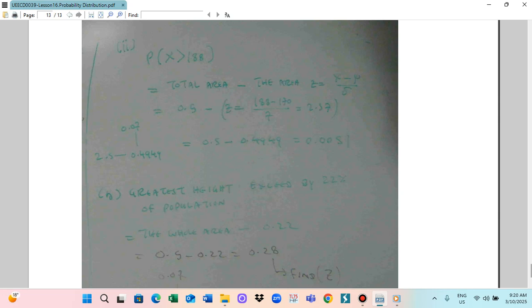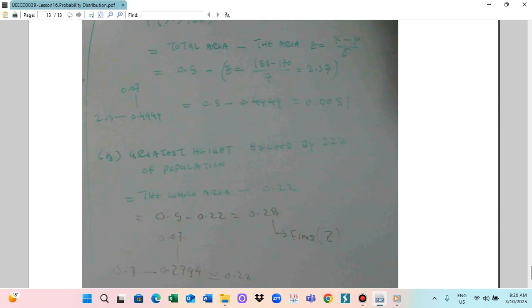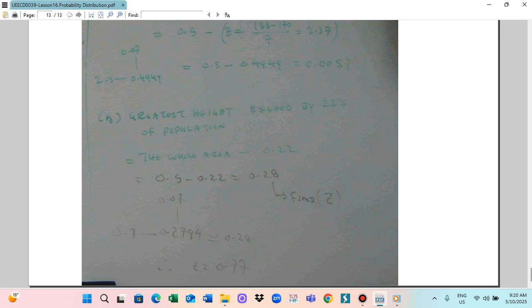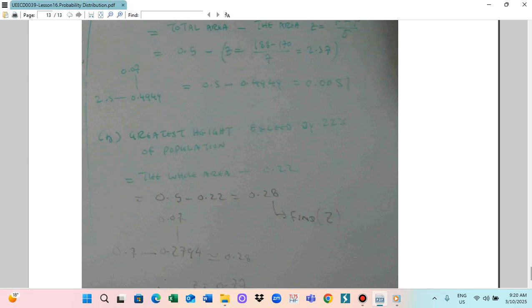So there is only a 0.5% chance to find a man taller than 188 centimeters. So you see that 160 to 175 is a normal height, but 188 is very tall. Very tall people you can't find very many.